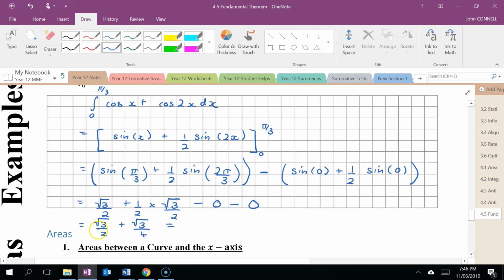The way I look at this is a half root 3's plus a quarter root 3's. So what's a half plus a quarter? Well, it's 3/4. So this is going to be 3/4 root 3, which we better know as just 3 root 3 on 4. It can be helpful just to see it like that. And that's as far as we'll go today.